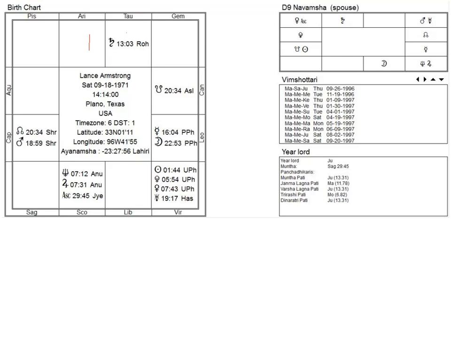Good morning. Namaste. This is Jyotish class lecture 4. We're going to be talking about the bhavas, the houses, the signs, the houses, and disease. And then we're going to look also at Lance Armstrong's chart.